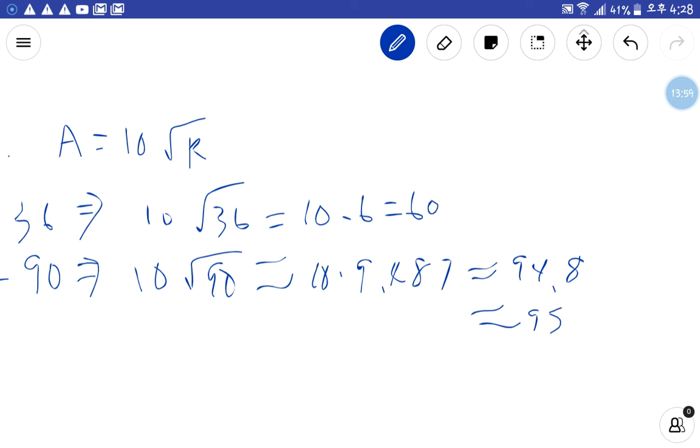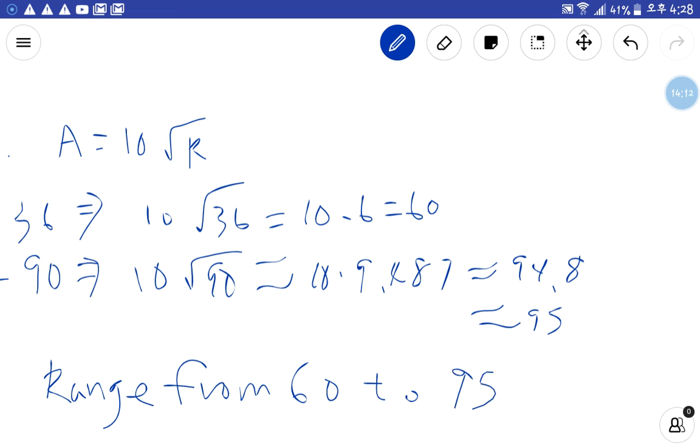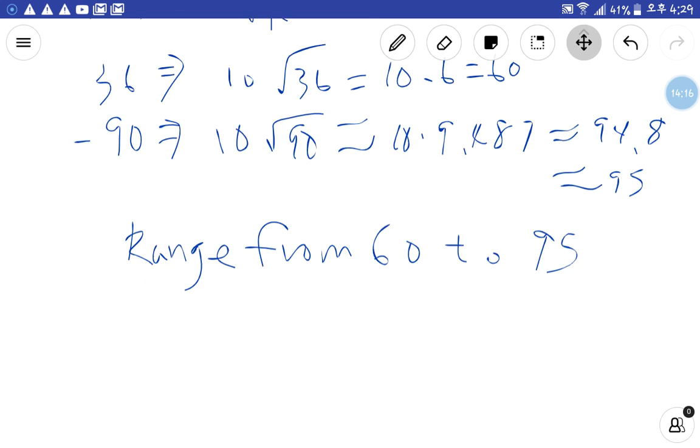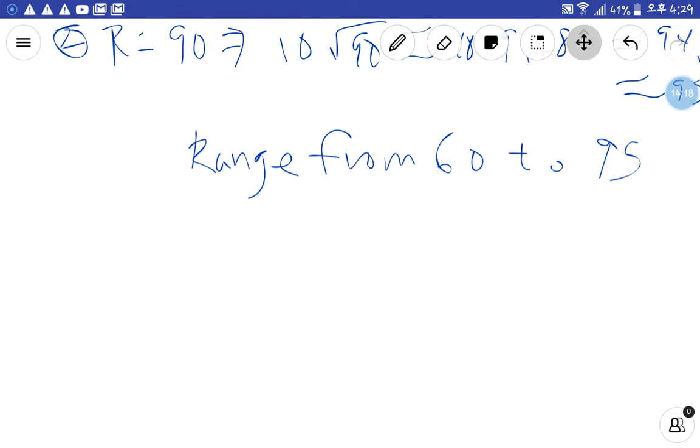So I can say the adjusted scores range from 60 to 95. You just plug into the formula, that's it. Now I need you to pause this video to work on Got It 4 and check Got It 4 together.